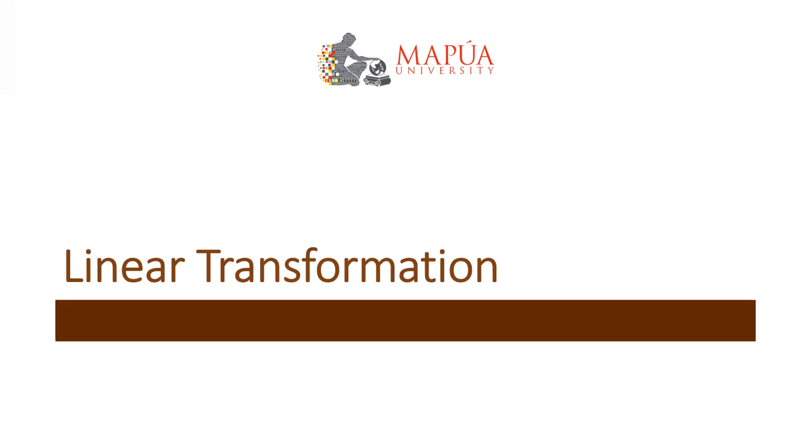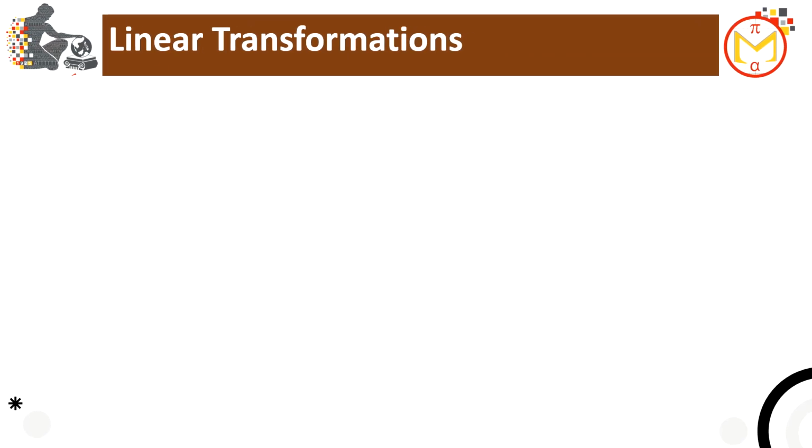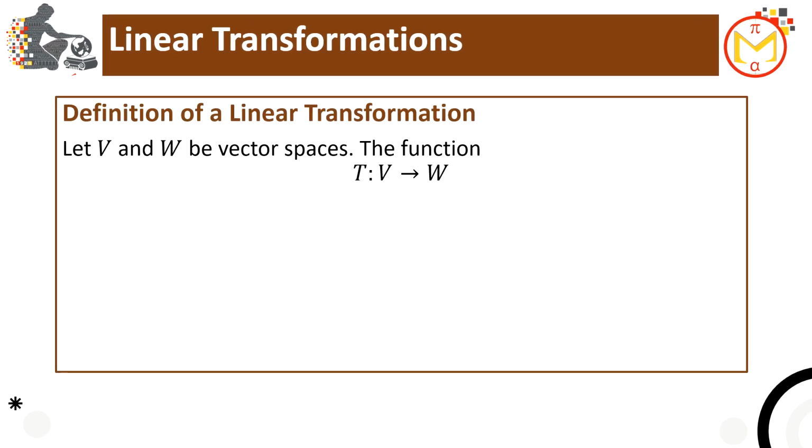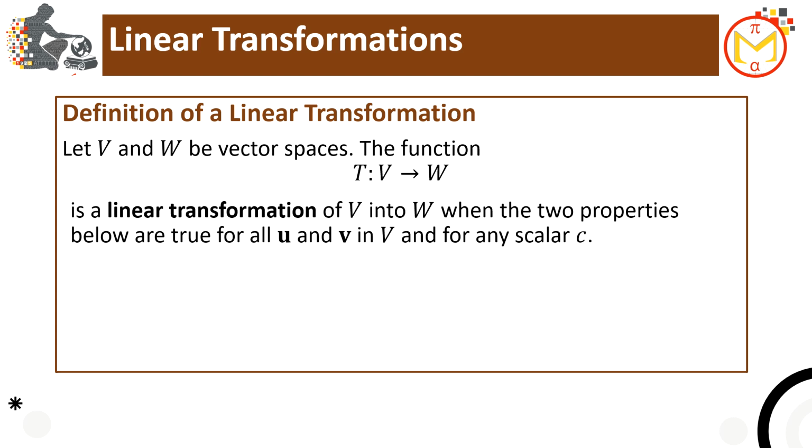Okay, so let's move now to the definition of linear transformation, how we get the linear transformation of the function. The definition of linear transformation: let V and W be vector spaces. The mapping, or function, from V to W is a linear transformation of V into W when the two properties below are true for all vectors u and v in vector space V and for any scalar c.